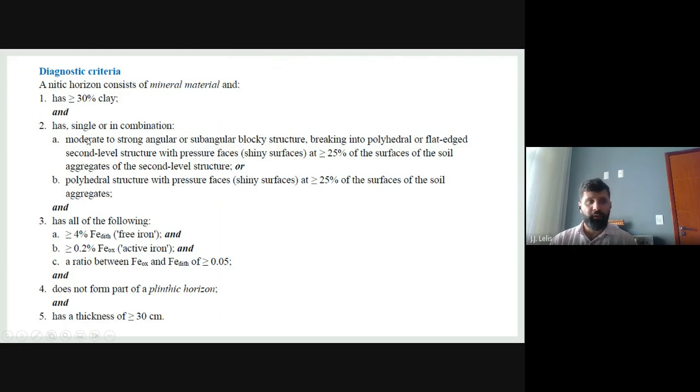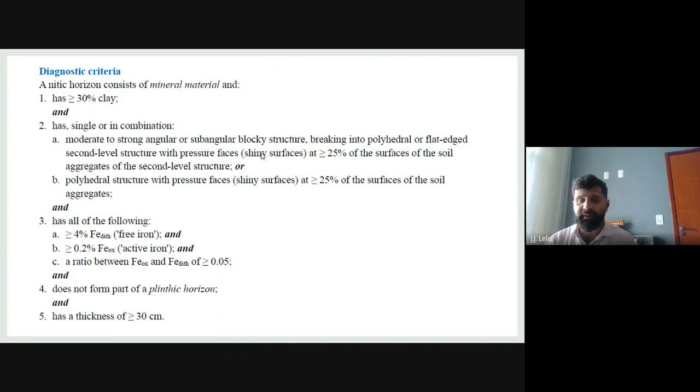possibilities. Okay, first of all, a moderate to strong grade with a type of structure that is angular blocky or subangular blocky. Okay, and this material should break into polyhedral or flat-edged second level structure with pressure faces, these shiny surfaces, okay?